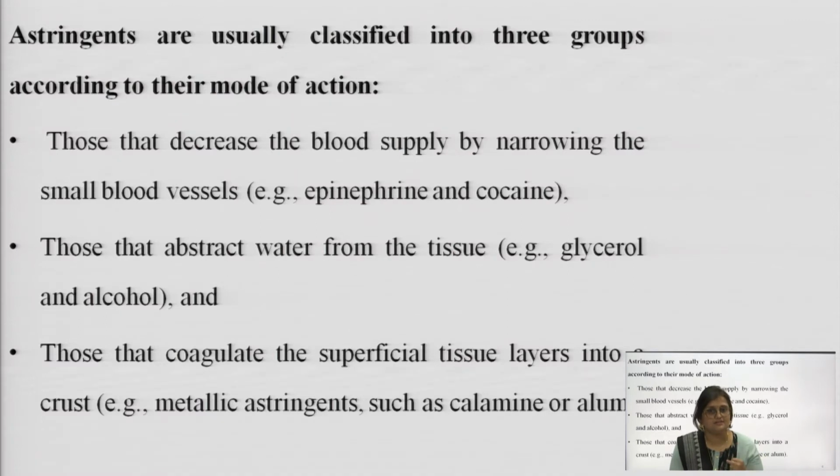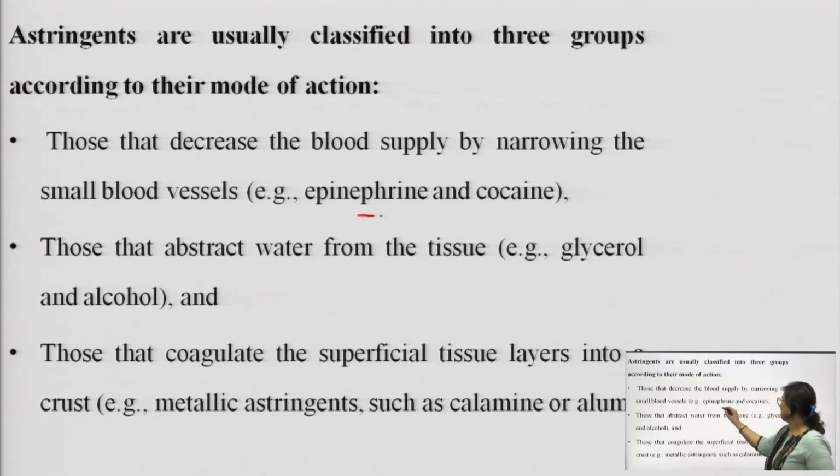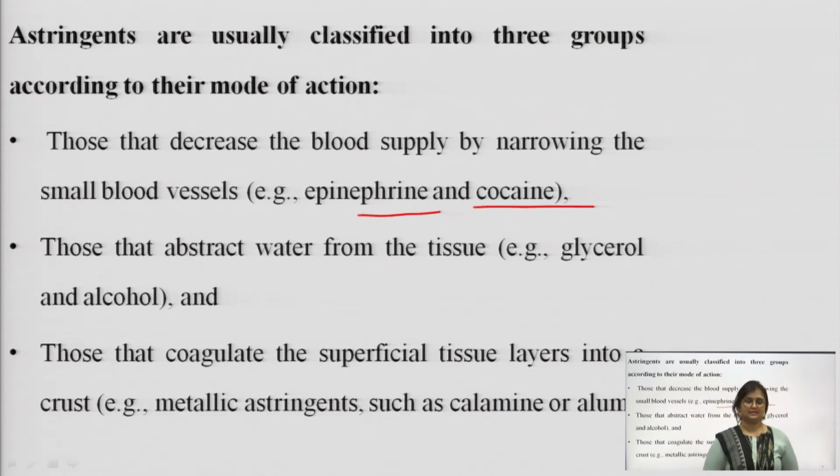So astringents are used to decrease the blood supply by constricting the small blood vessels, hence they are used for stopping excess blood loss, which could be prevented. For example, epinephrine and cocaine. These are a few astringents which are used for stopping excessive blood loss.